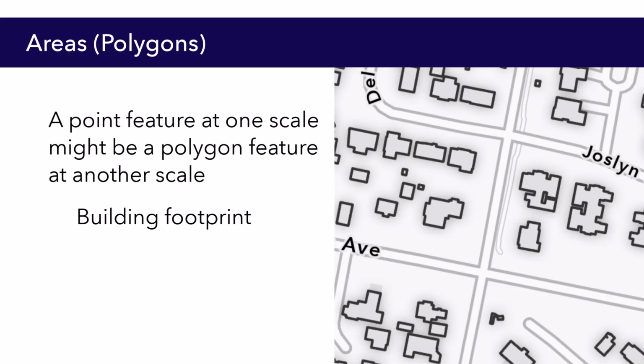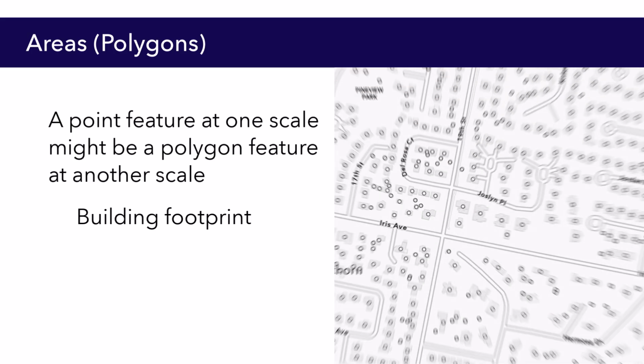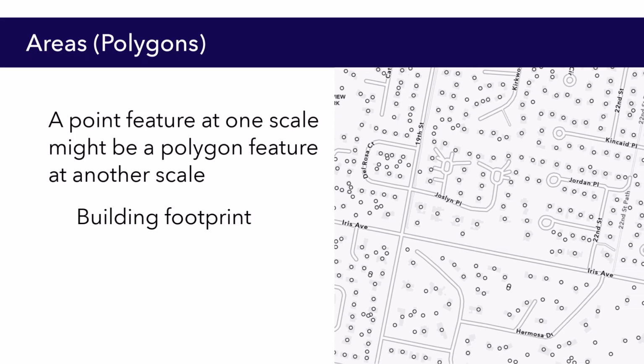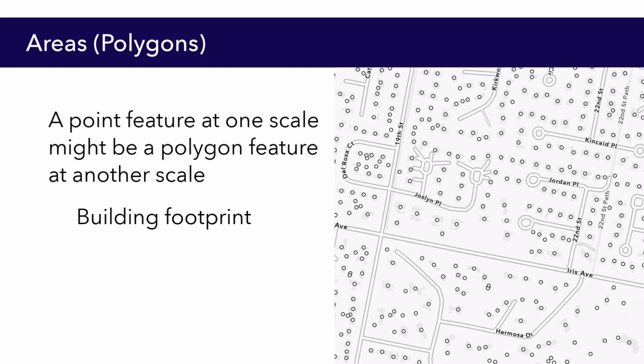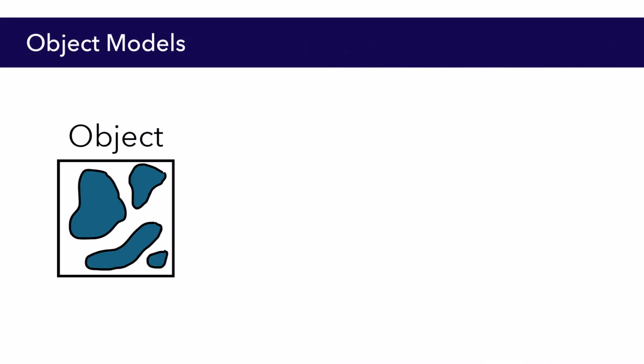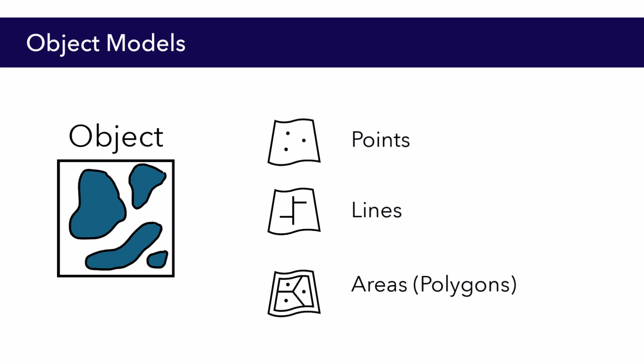But if you were looking at a really zoomed out version of a city, your buildings might not have enough detail, and so then you might represent those as points. I think it is interesting to think about how things on the ground could be represented with points, lines, and areas, and how you might change this depending on the scale or the zooming in or out of your view of your mapped area.